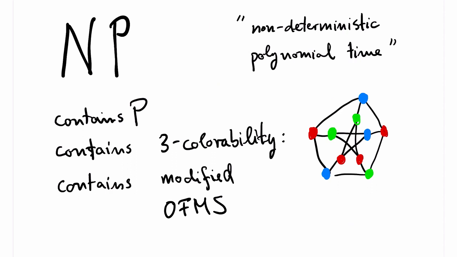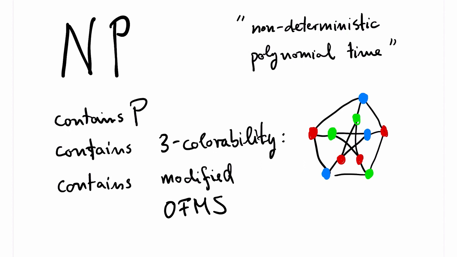Where does this name non-deterministic come from? Well, in reality, we can't expect that someone presents us the solution to our problem and we simply have to verify it. In reality, this is not enough. What we really want is that someone finds the solution for us. Of course, we could simply try all possible candidate solutions of size at most p of n and try them one by one.